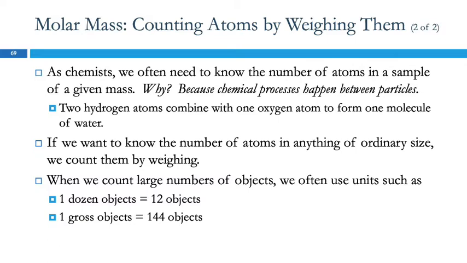Because chemical reactions happen between individual particles. If you're going to make a water molecule, you need to have 2 hydrogen atoms for every oxygen atom to make one water molecule. And so you can't count atoms. So you're like, well, what mass ratio of these elements do I need so I don't have a lot of leftover of one or the other?